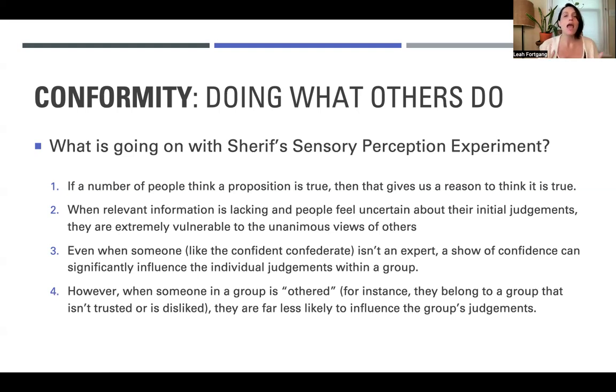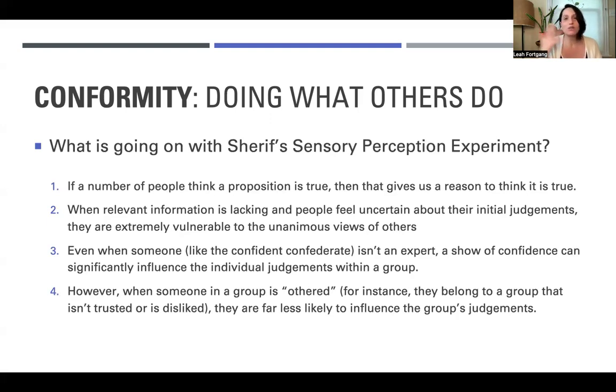And this is something that really hits us hard when relevant information is lacking, or we feel uncertain about our initial judgment. The sensory perception experiment is a perfect example here, because we know it was just an illusion of the light moving in the dark room. It didn't actually move, or rather, we know that now looking back on it, but the people participating in the study obviously did not know that. In fact, they were told the light did move.